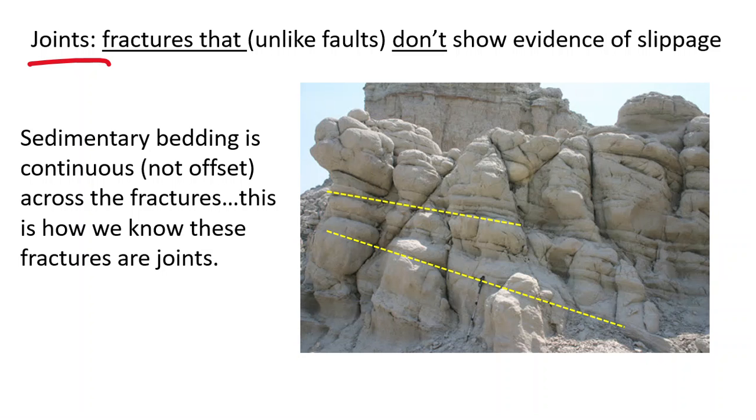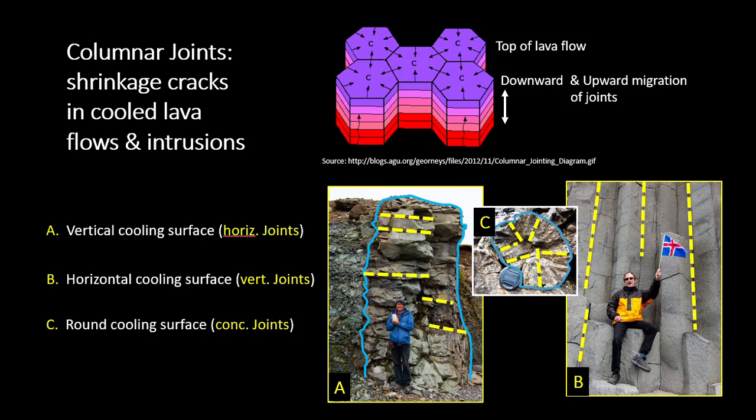And then one final example of some rather dramatic jointing I'll show you is called columnar jointing. And columnar jointing arises due to shrinkage of igneous rock as it cools and crystallizes. And so what we're seeing in the top diagram, imagine that this is a lava flow or perhaps a shallow horizontal sheet-like intrusion of magma.